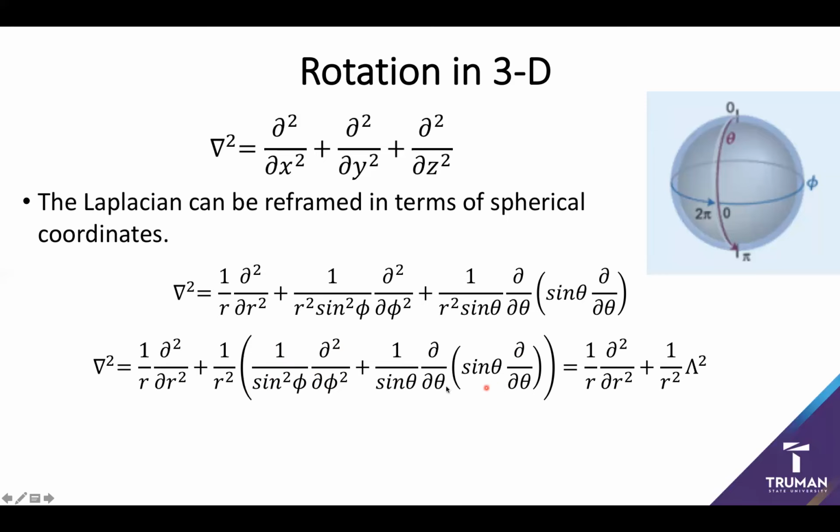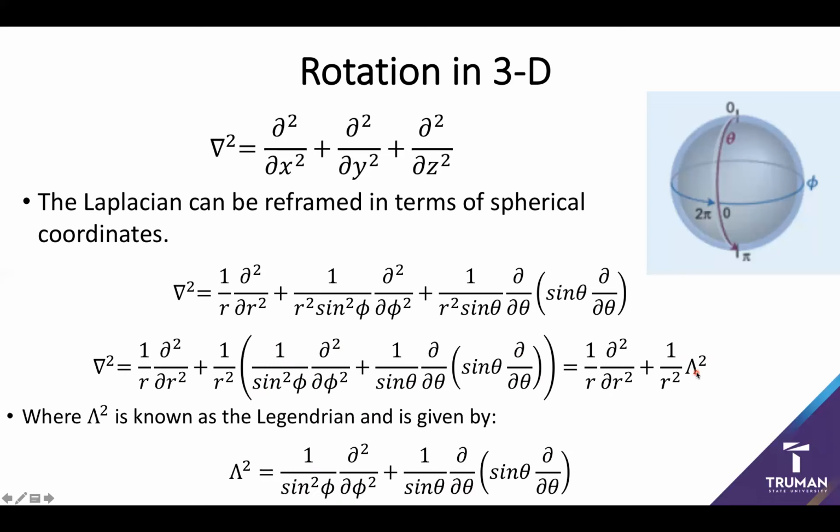So what we do is we go ahead and take this combined derivative and we give it its own variable of delta squared. So delta squared is also known as the Legendrian. So a good way to think about the Legendrian is it's kind of the angular version of the Laplacian.